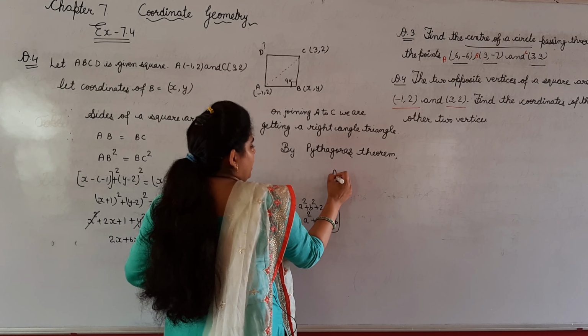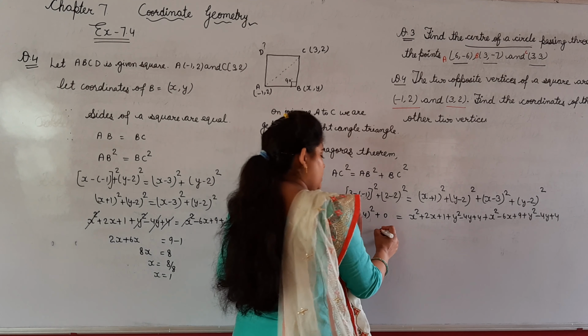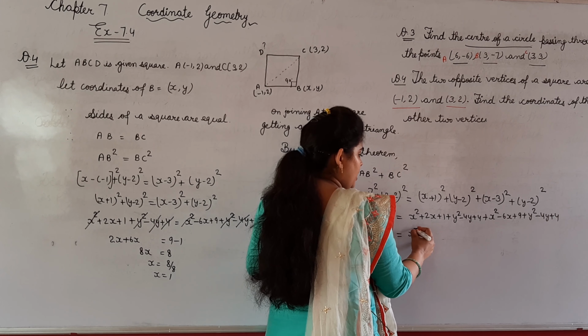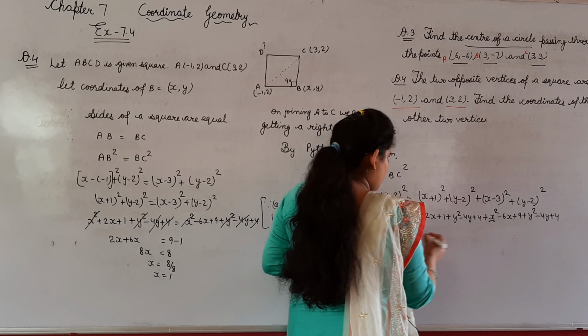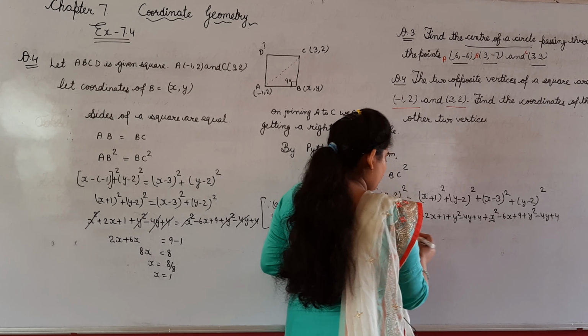Again I have used these identities. 2 square is 4 and it is equal to 2x square, 2x minus 6x minus 4x, y square plus y square 2y square, minus 4y minus 4y minus 8y, plus 1 plus 4, 5 plus 9 14, 14 plus 4 18.